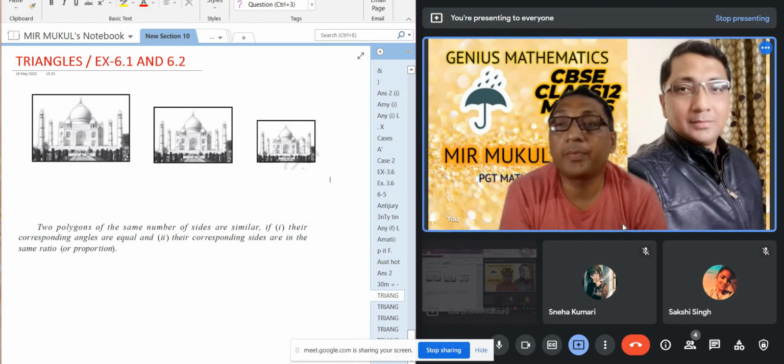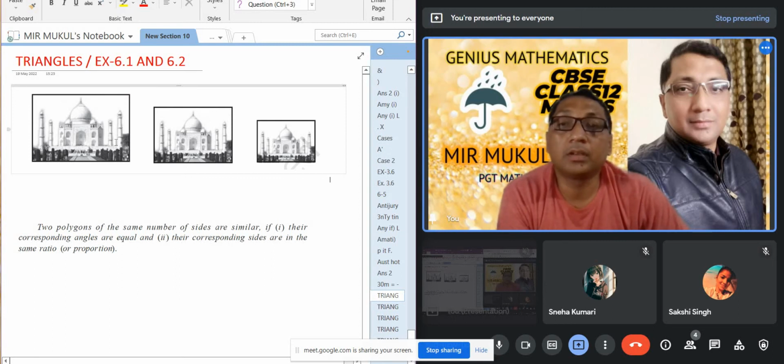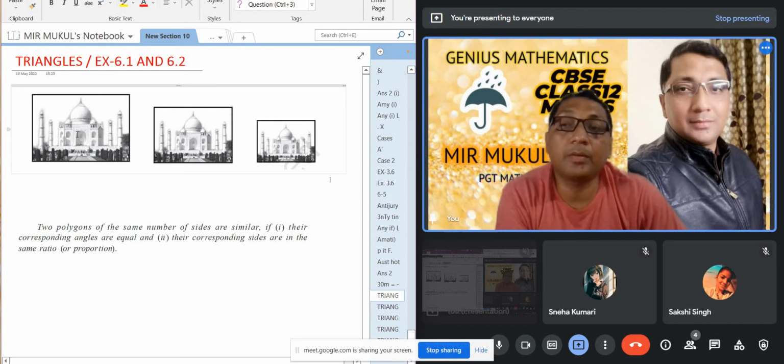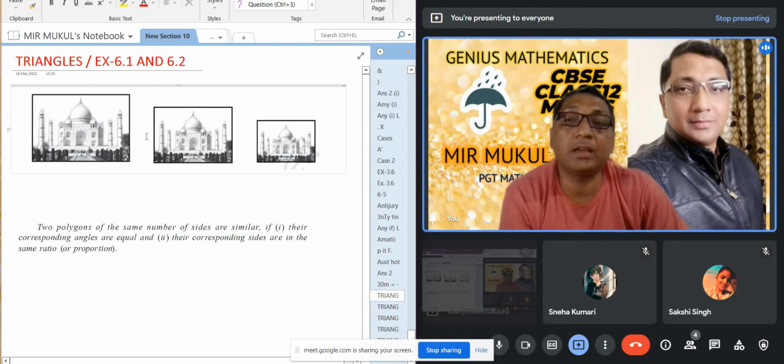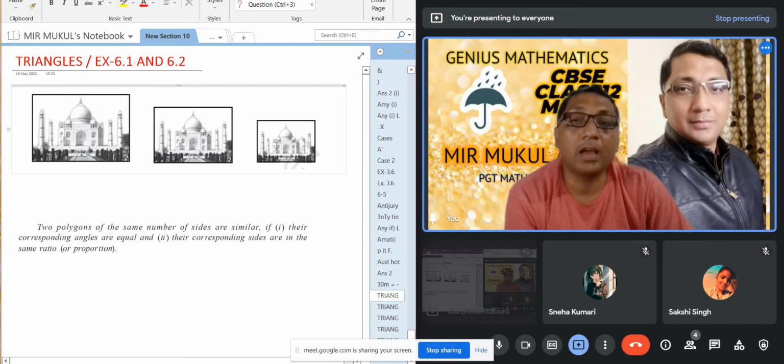First, you can see here three figures of the same figure, the Taj Mahal. Here, what you are observing is that the first one is a little bit bigger, then the second one is a little bit smaller than the first one, and the third one is smaller.